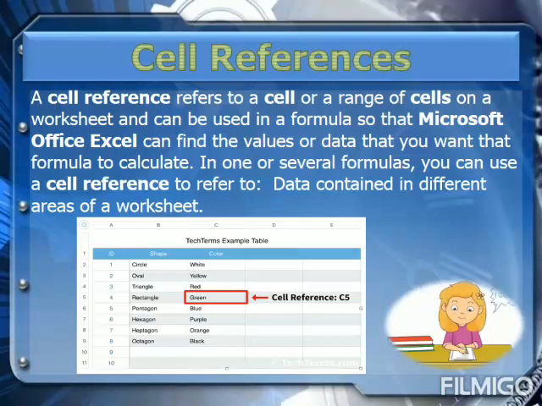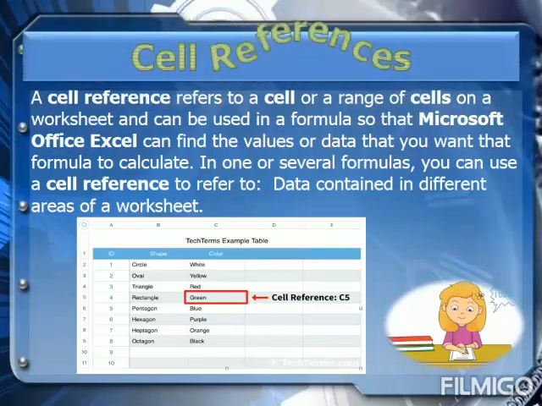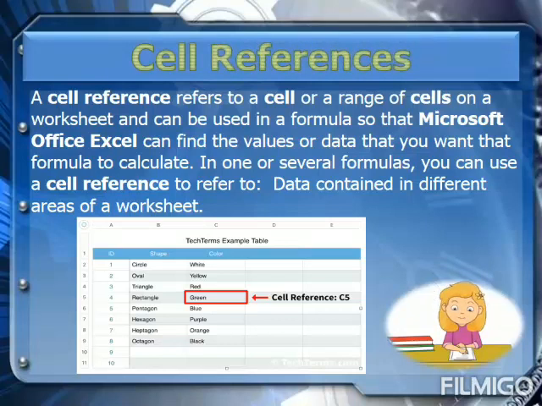It is the combination of the column letter and the row number, such as A1, B3 or D15. Here you can see the bold cell address is C5. C is the column name and 5 is the row number. So the cell reference is the combination of column name plus row number. And the cell reference is very important when you are writing a formula.